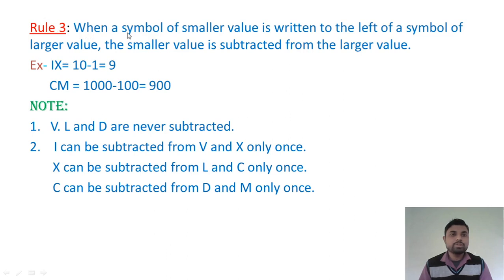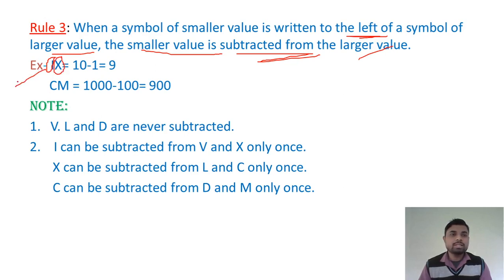Here rule 3: when a symbol of smaller value is written to the left side of a symbol of larger value, the smaller value is subtracted from the larger value. Just see here, I means what? 1. X means 10.